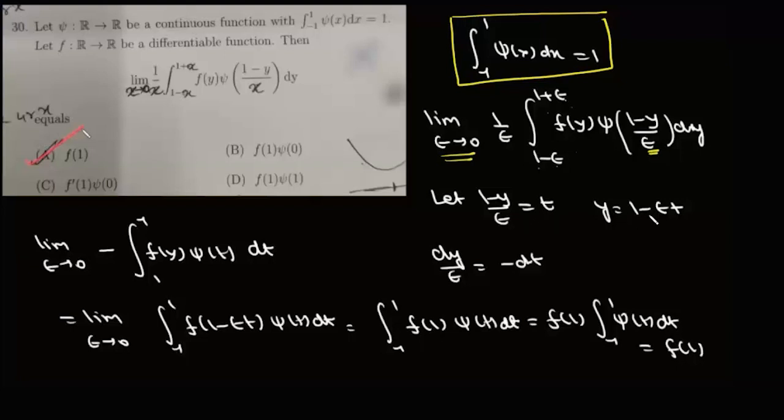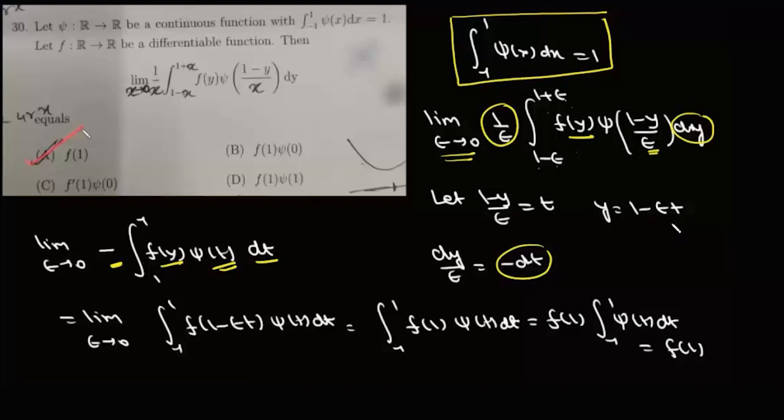Then we can write y as 1 minus epsilon t. dy upon epsilon will be minus dt. So we can replace 1 upon epsilon into dy with minus dt. So it'll be this minus dt, and then it'll be this f of y, and this is psi of t, and y is 1 minus epsilon t.